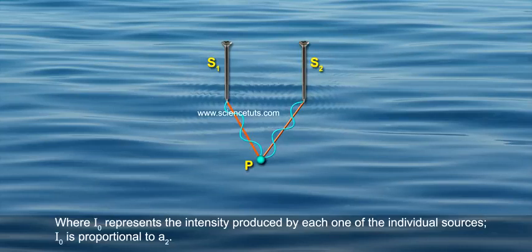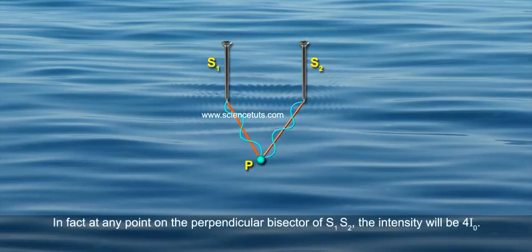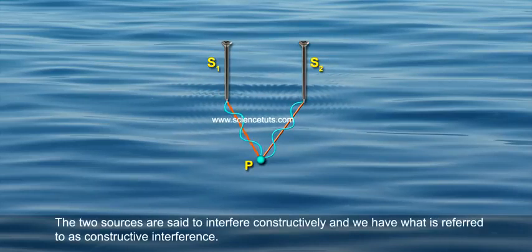I0 is proportional to A squared. In fact, at any point on the perpendicular bisector of S1S2, the intensity will be 4I0. The two sources are said to interfere constructively, and we have what is referred to as constructive interference.